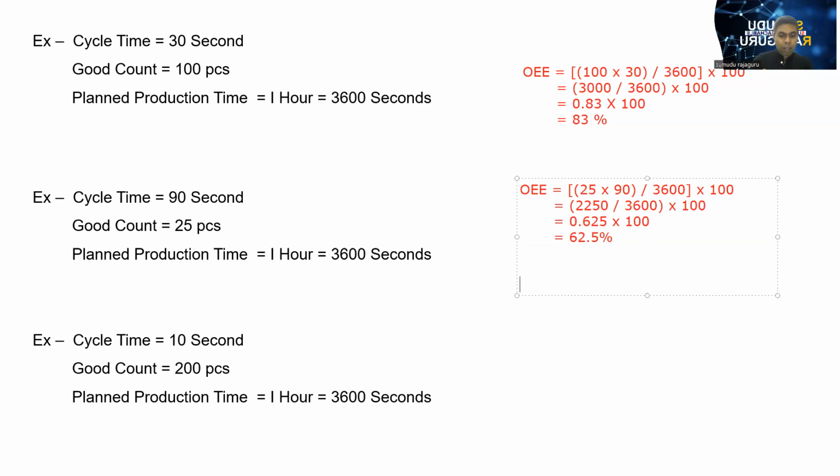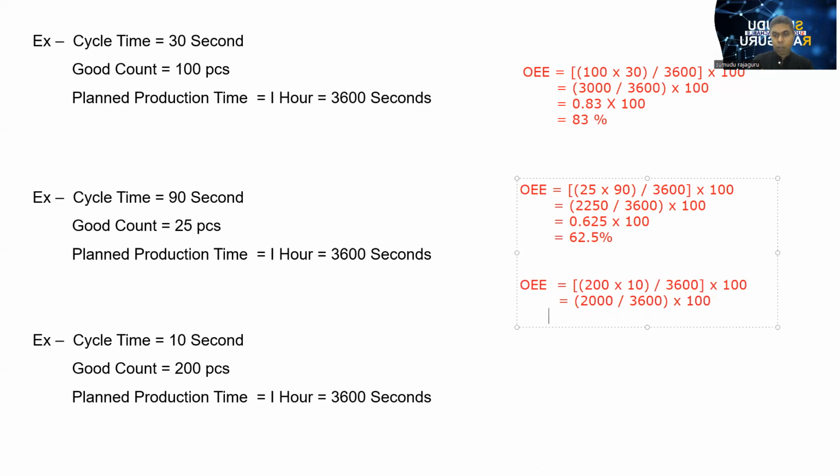Now we are coming to the next question. OEE equals, in here the good count is 200, cycle time is 10 seconds, divided by planned production time 3,600. We multiply by 100. So 2,000 divided by 3,600 multiplied by 100.